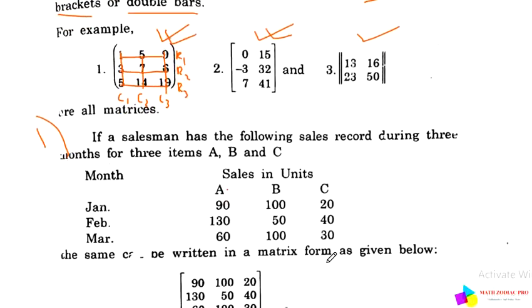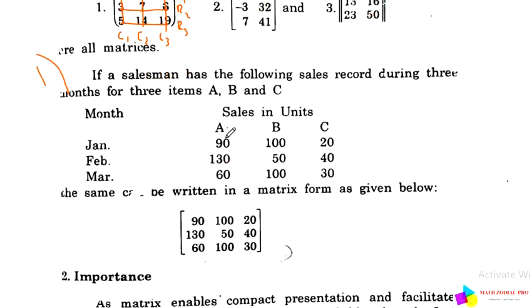How do we write the sales units in matrix form? Like this matrix.